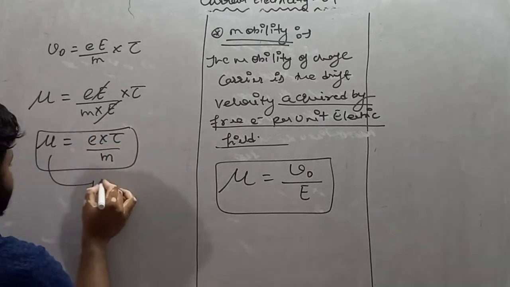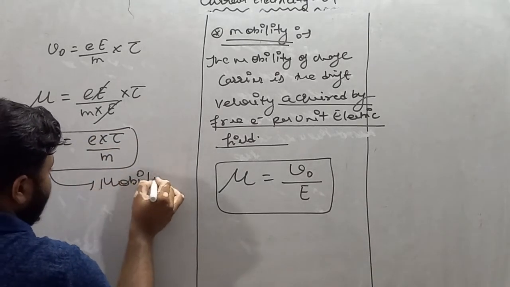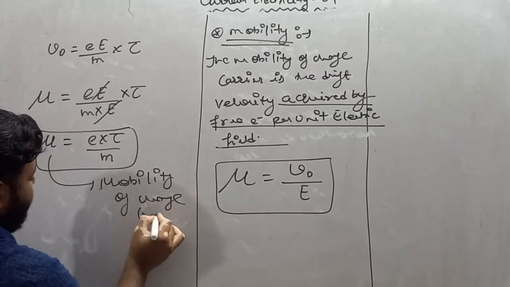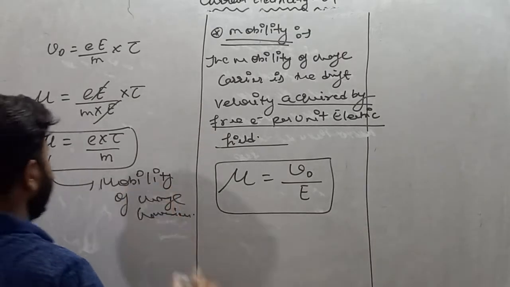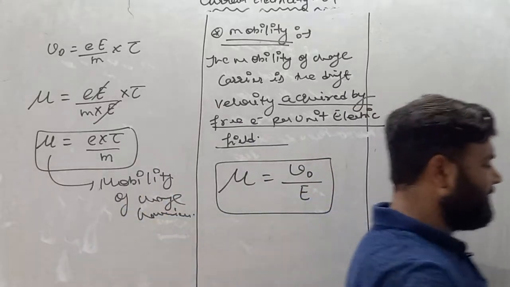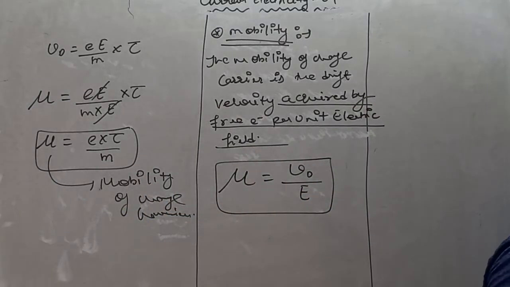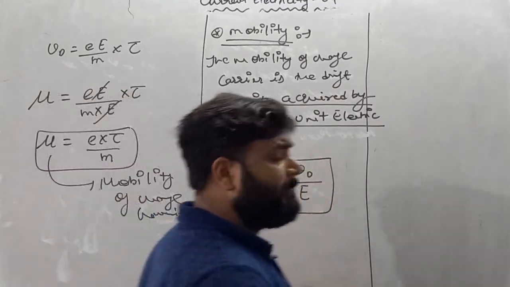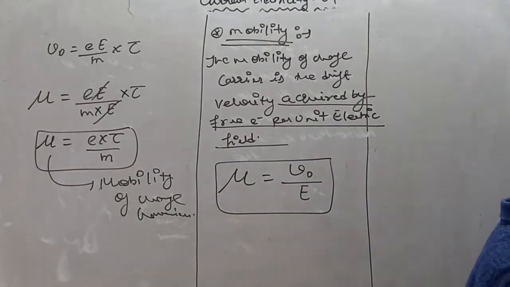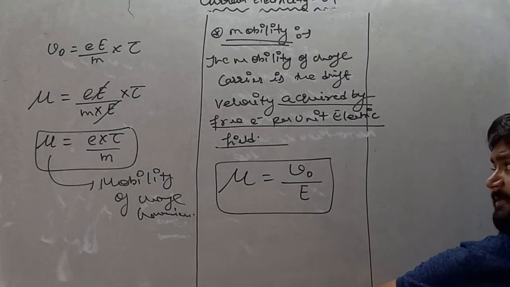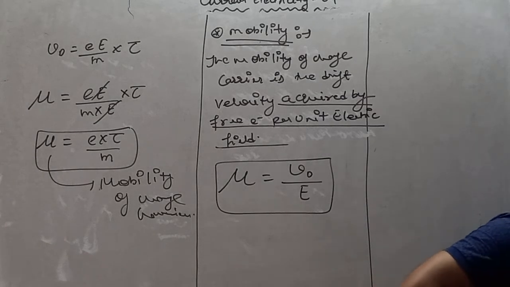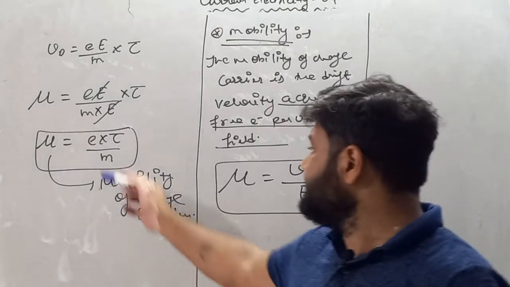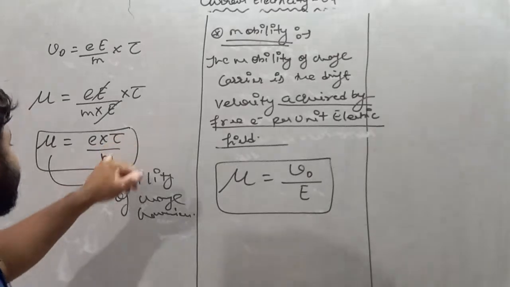So this is the relation for the mobility of a charge carrier. Remember, mobility is nothing but the ratio of drift velocity per unit electric field.